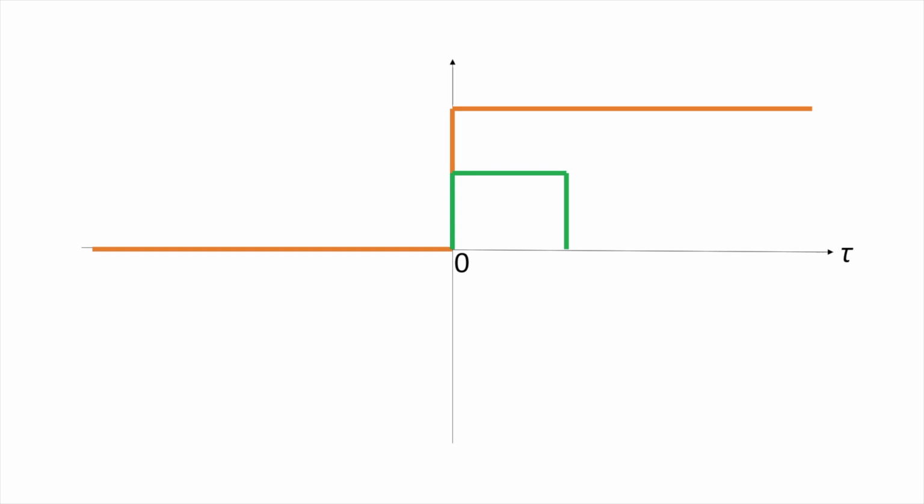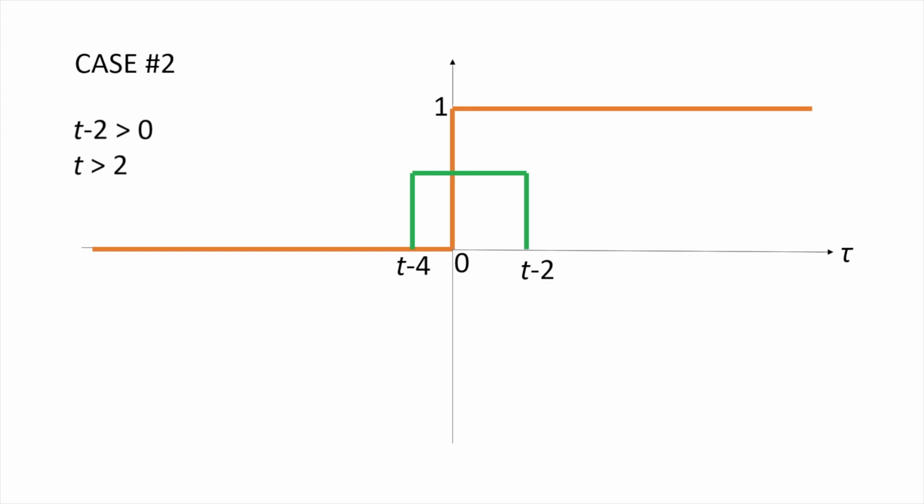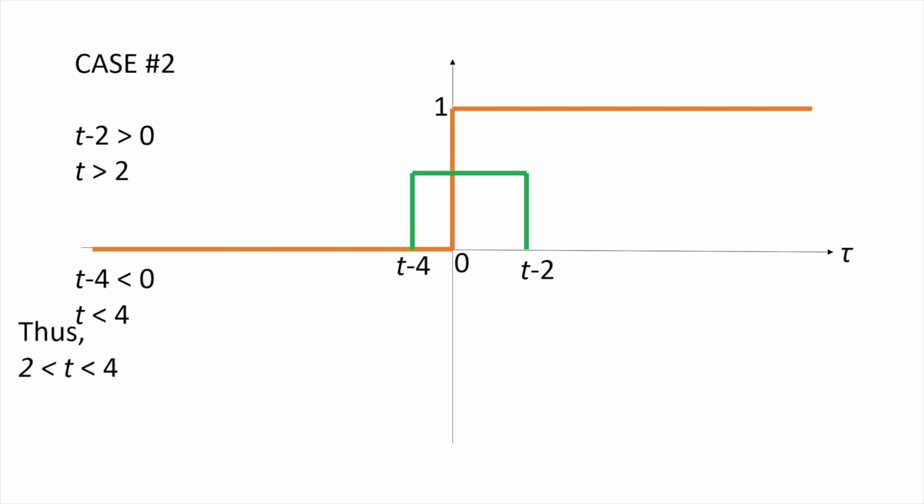As the signal shifts to the right, case number 2 happens when the value of t is in between 2 and 4.